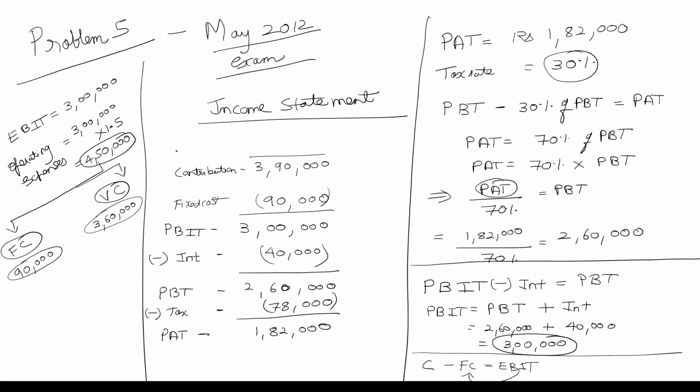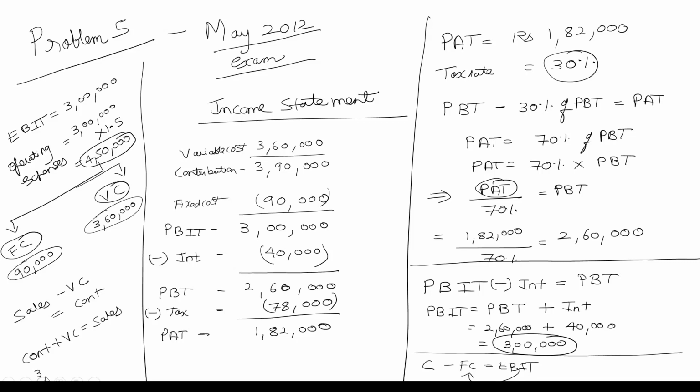And I also know that variable cost is 3,60,000. Sales minus variable cost gives us contribution. So if I know contribution and variable cost, I can say contribution plus variable cost is sales.